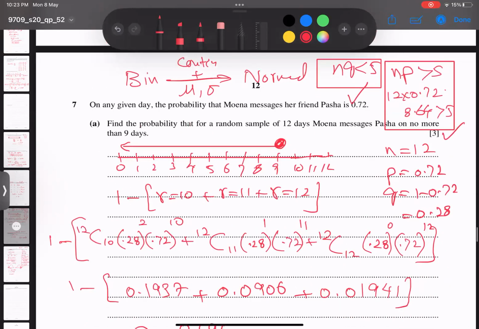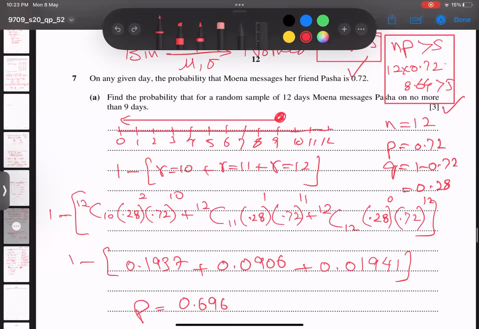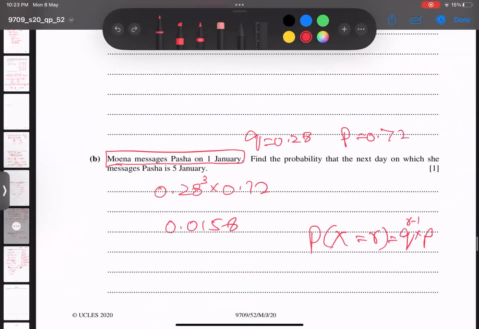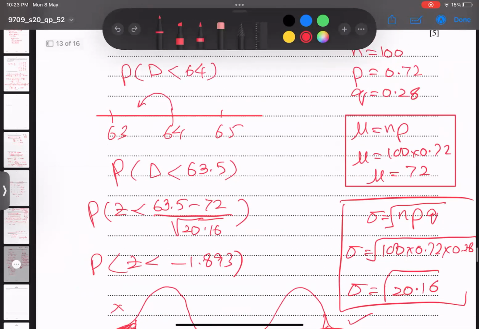In a hurry I checked only NP and thought we had to go for normal distribution. Then I realized NQ is less than 5. That is why I stayed with binomial only. I hope the concept is very clear.